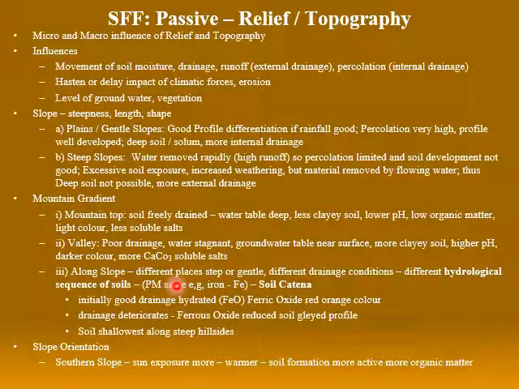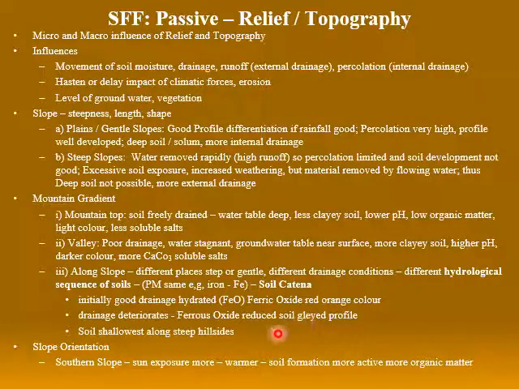And it gives different colors along the slope to the soil, as in different areas along the slope different hydrological and drainage conditions prevail, which lead to different stages of oxidation of the same mineral. So it gives a very different color sequence to soils in some areas.